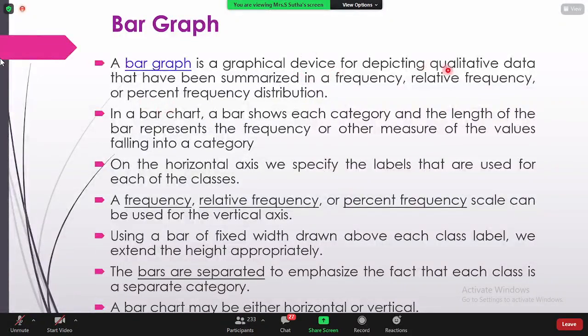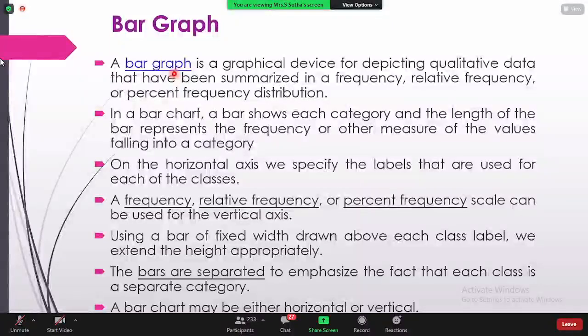In a bar chart, we can represent the frequency distribution, the relative frequency distribution, or the percent frequency distribution. So 3 types of frequency distributions can be represented by a bar chart.